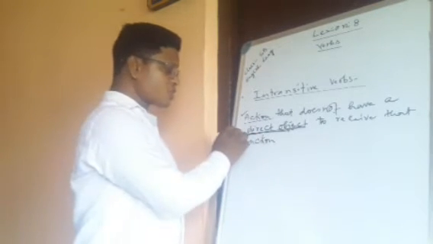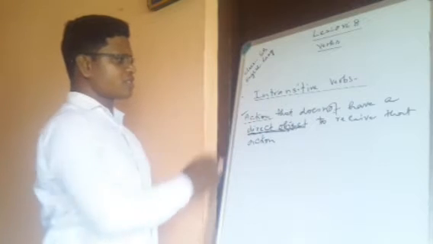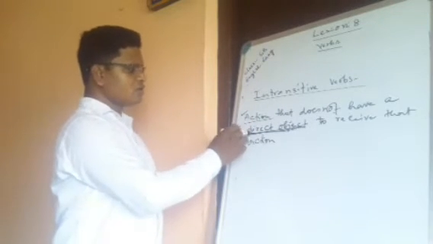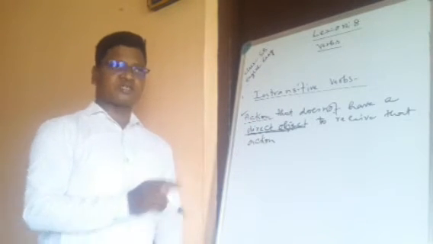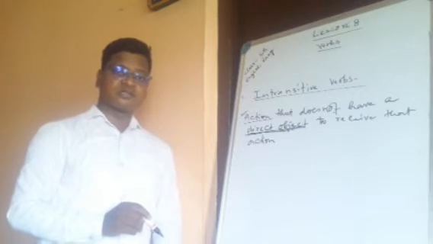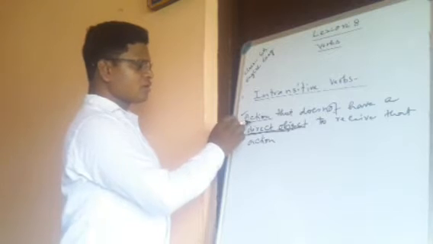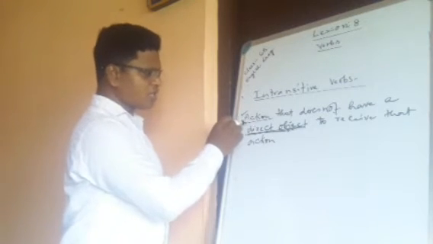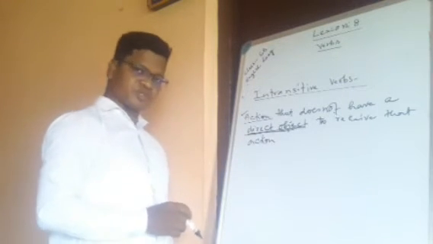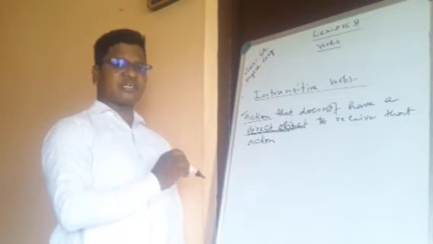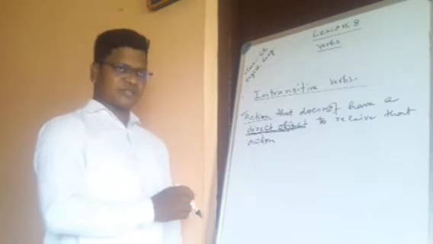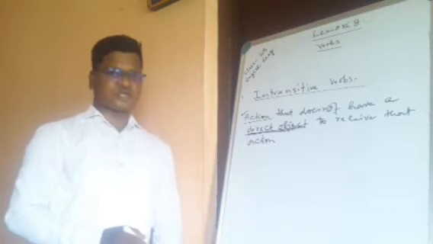If it is a direct object, then only we can say that it is transitive. Otherwise, if the action does not have a direct object to receive that action, then we call it an intransitive verb.